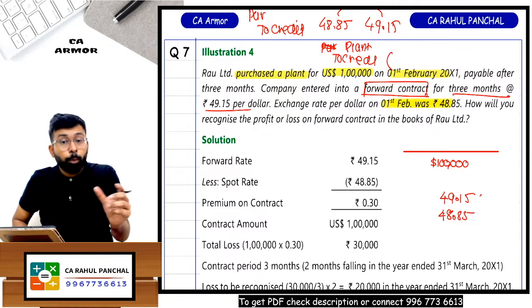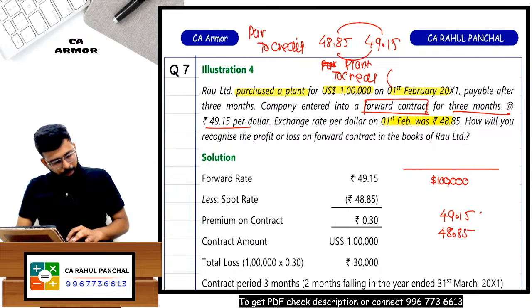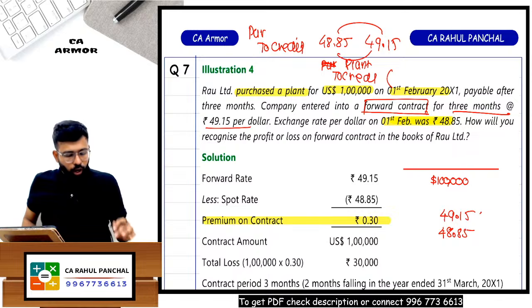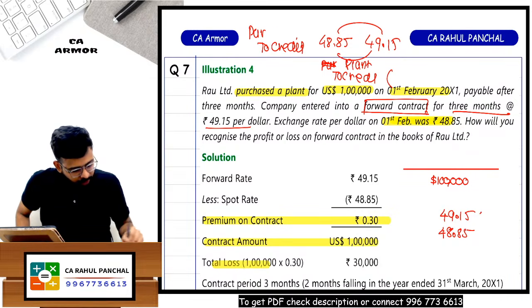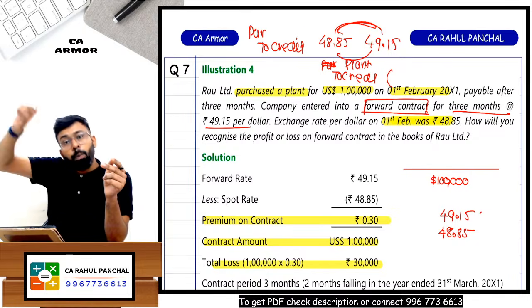It means I'm ready to pay extra, the difference being 49.15 minus 48.85, so I'm ready to pay 0.3 for $1. And how many dollars are there? $1 lakh. It means there is a loss. Increase in creditors is a loss.